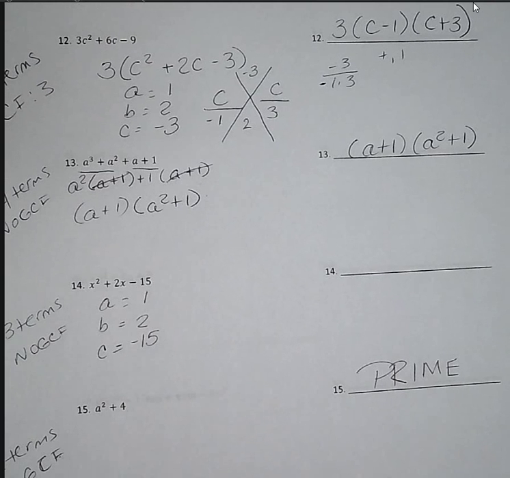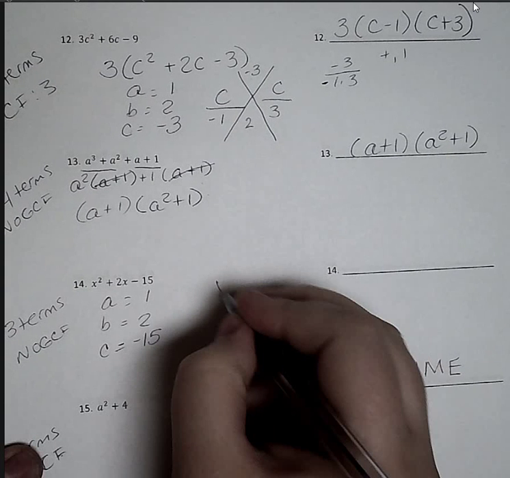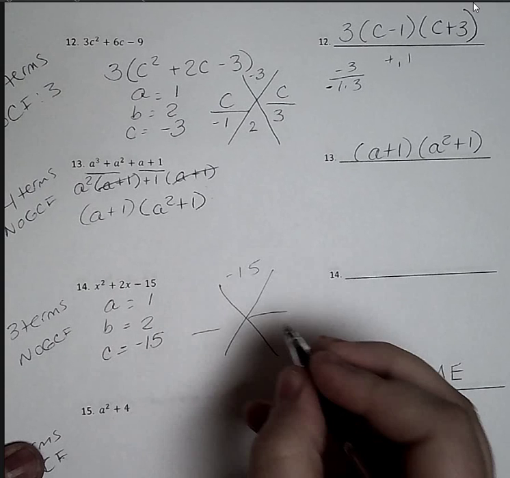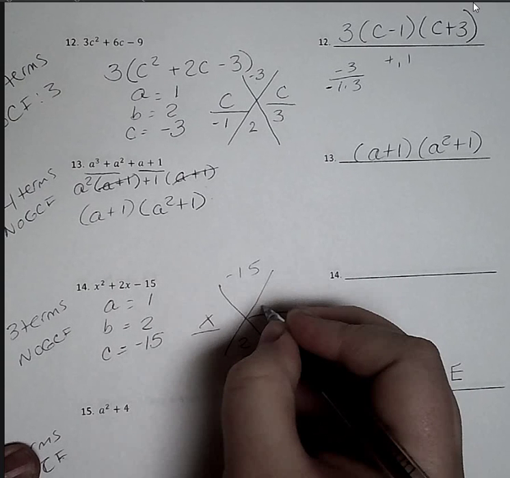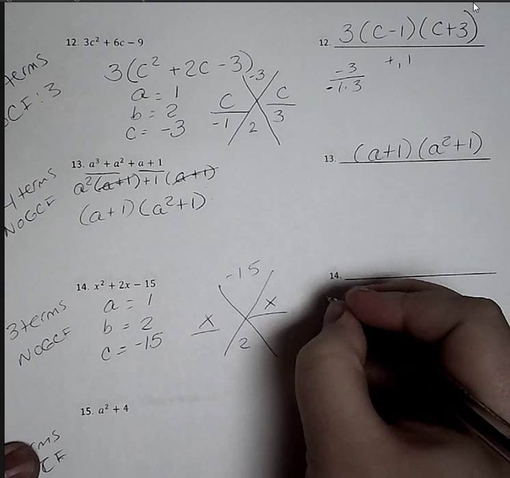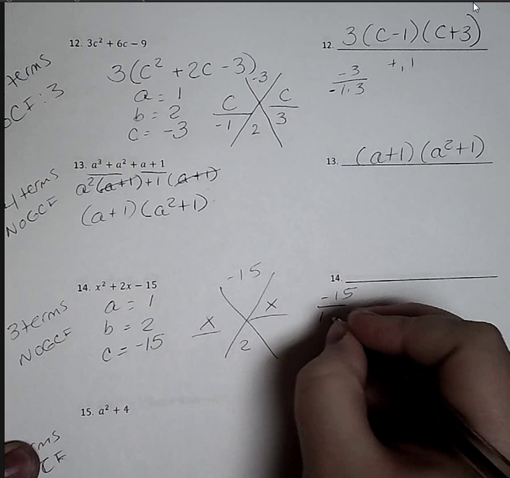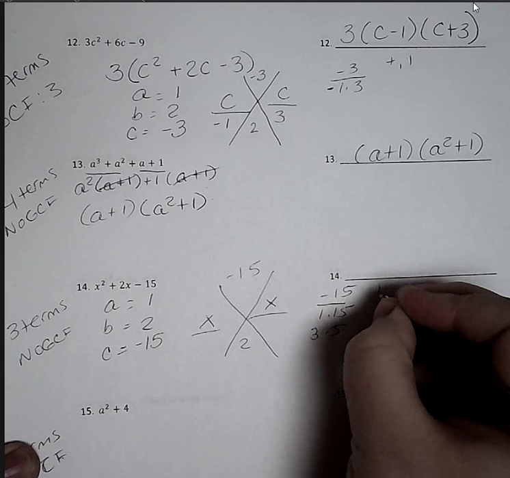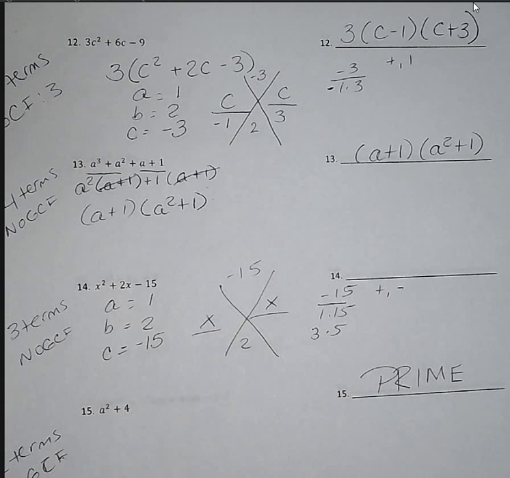So I have A is 1, B is 2, C is negative 15. So I need to find out what multiplies to give us negative 15 and adds to give us a 2. And I put x's on top of my wings. One has to be positive and one has to be negative.